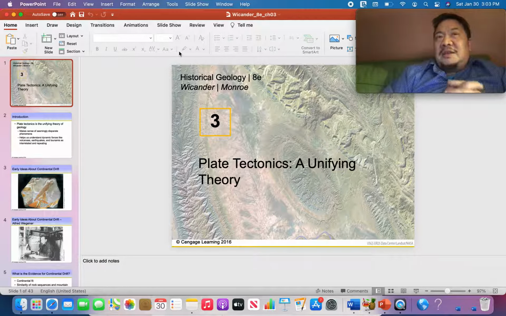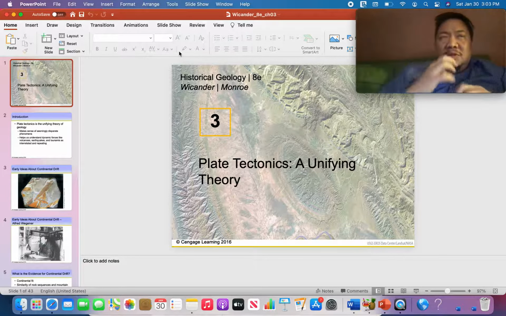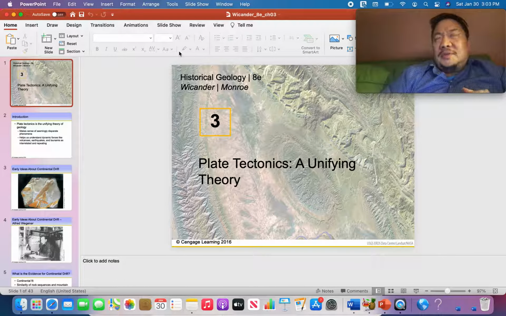Let me put it like this. Before the theory of plate tectonics, we knew we had mountains on the edges of continents. We didn't know why. We knew we had volcanoes along the edges of the Pacific Ocean, in the Ring of Fire, and along the Mediterranean. We didn't know why. We knew that the continents fit together like pieces of a jigsaw puzzle.